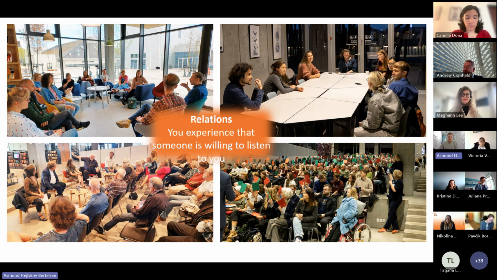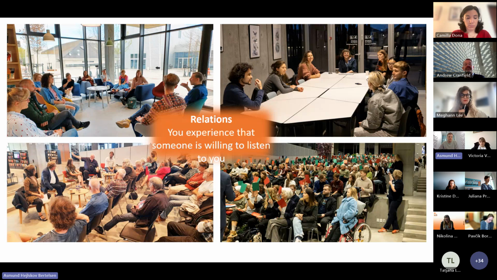If you see the picture in the right corner, where people have these red and green cards, there are a lot of people and it's not possible for everyone to speak up, but instead you can participate by showing your red or green card. It's a small thing, but still very important so that you experience that someone is willing to listen to you.